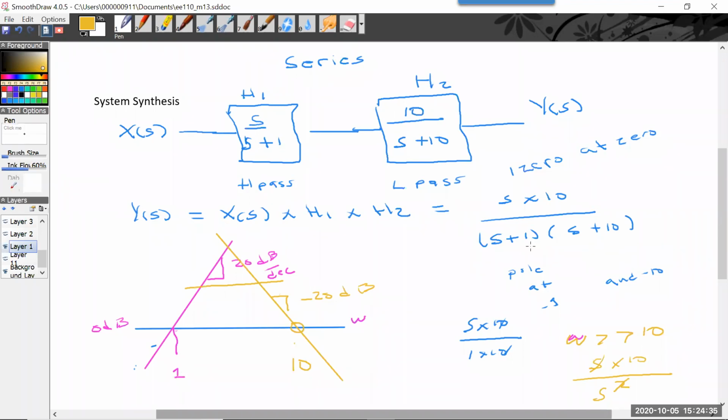But if I had done this in a way where it didn't make a bandpass, it would make something really weird.